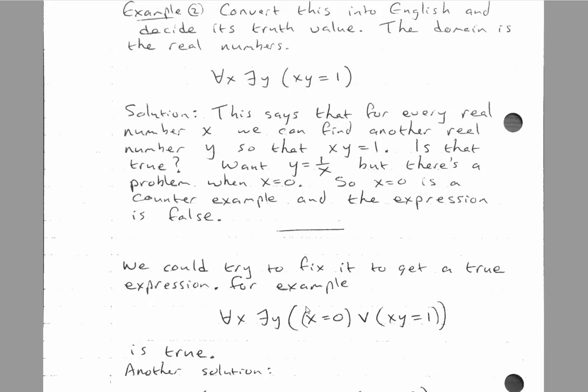All right, so this is true. Even if x is 0, then this will be true: true or something will be true. And if x is not 0, then there does exist a y to solve this.